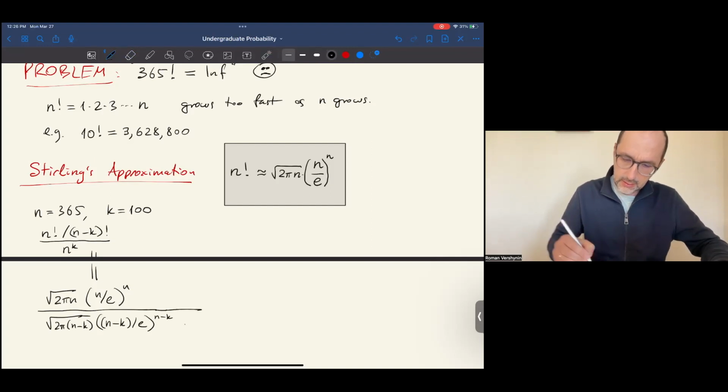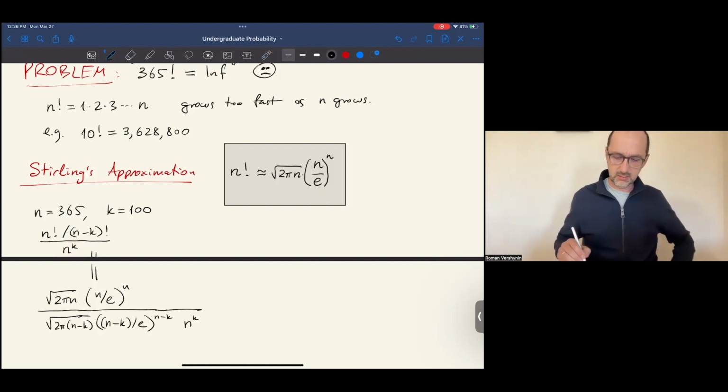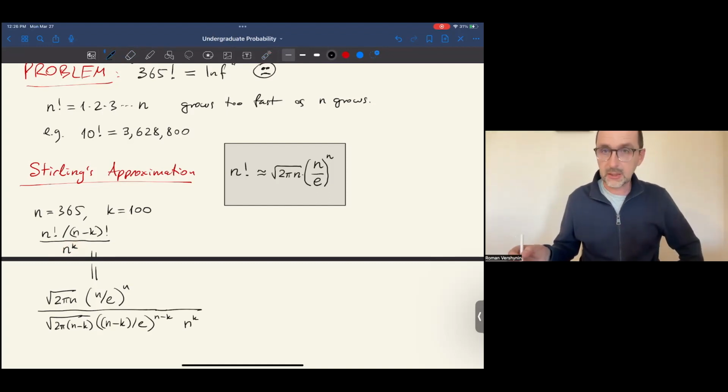Okay. And then there is n to the k. I know it's ugly. It's a little ugly formula, but it doesn't have factorials anymore. So this is Stirling's approximation.